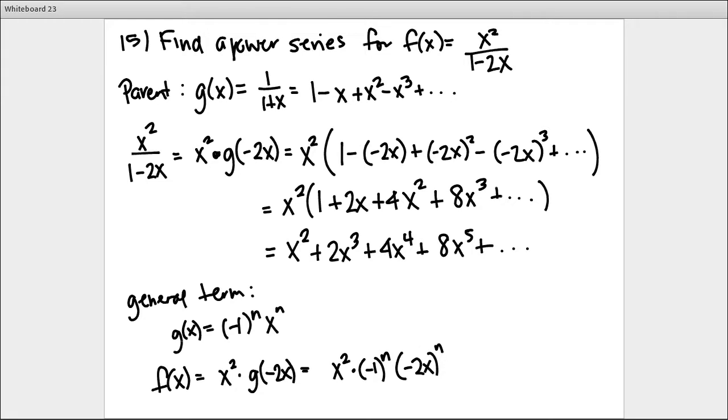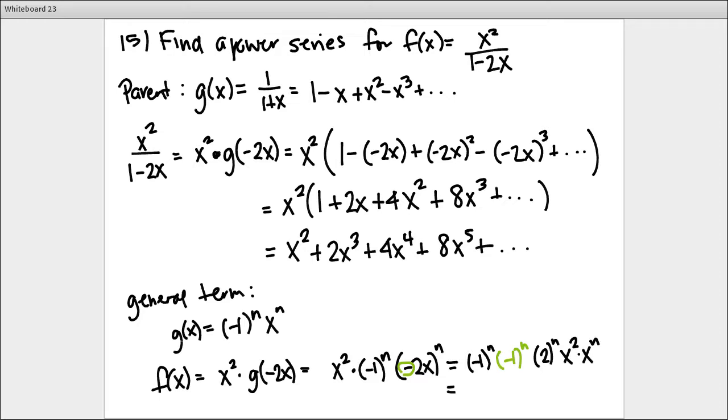And so then we can separate this out. You've got the negative 1 to the nth power in front. You could actually pull this negative right here, not that one. We can take this and put it as a negative 1 to the nth power, and then I still also have a 2 to the nth, and I have an x squared, and I have an x to the n.